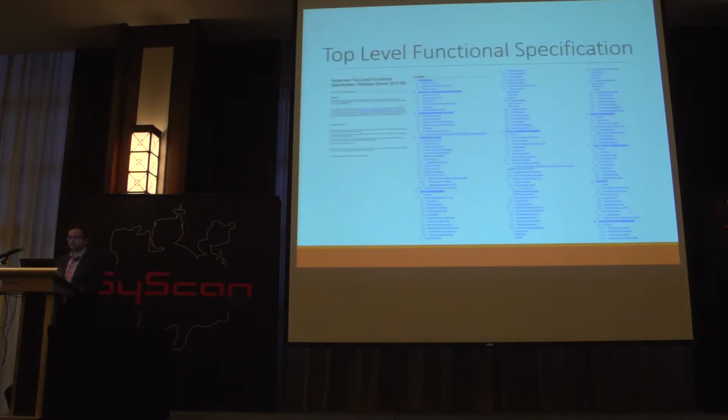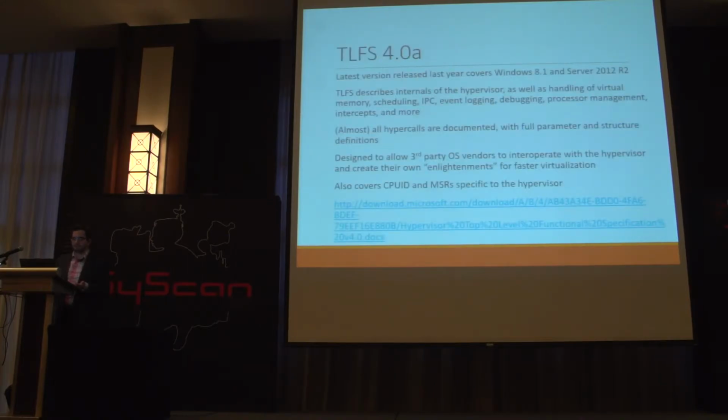All this stuff comes in what's called the Top-Level Functional Specification. You're not meant to read this; it's just page 1 of the outline, and then the outline goes on for more pages. It's an excellent doc, and you kind of have to read this before being able to do anything with the hypervisor. The TLFS, the latest version, is called 4.0a.